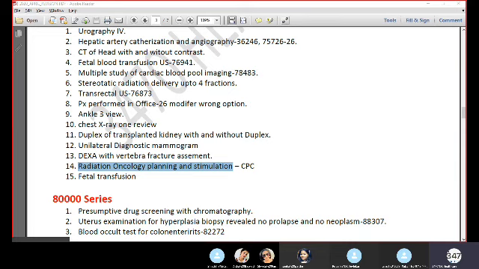Okay, now what is the code for myocardial perfusion imaging study, tomographic, multiple?